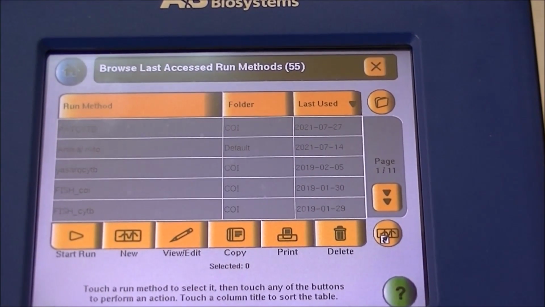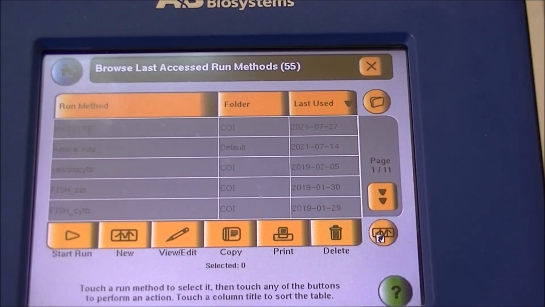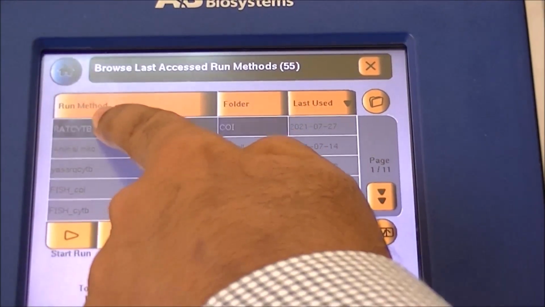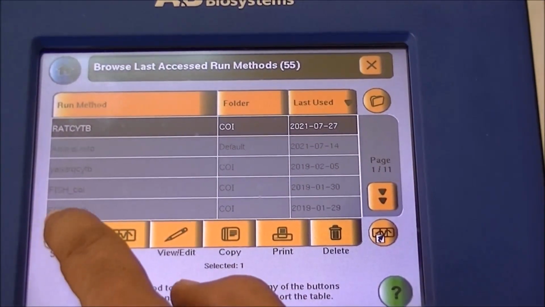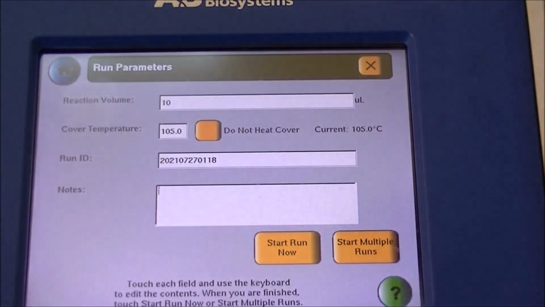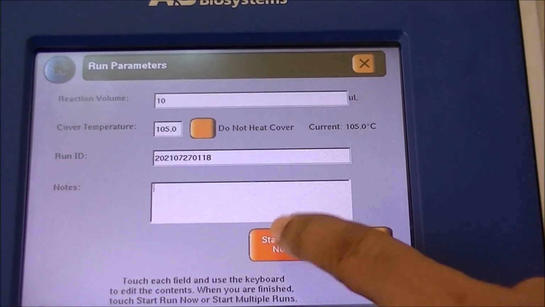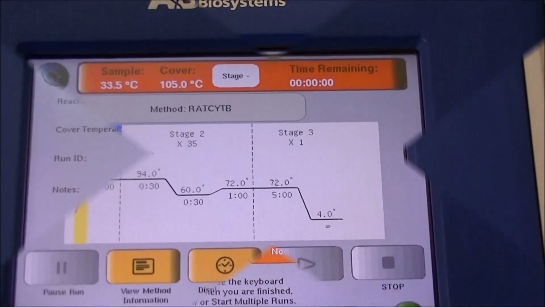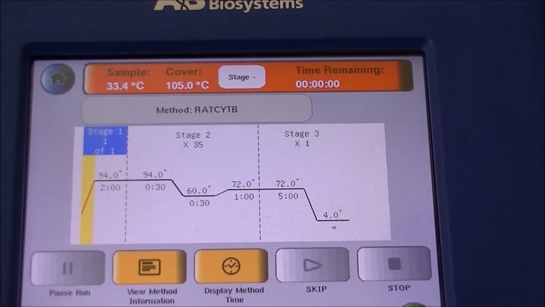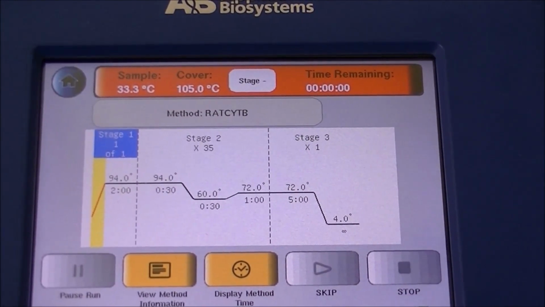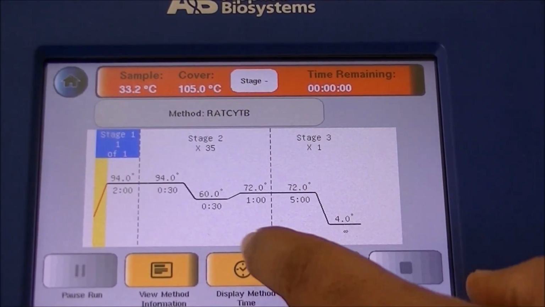Now our reactions are inside the machine. Now we have to select the desired method and run the PCR machine accordingly. Now our run has initiated.